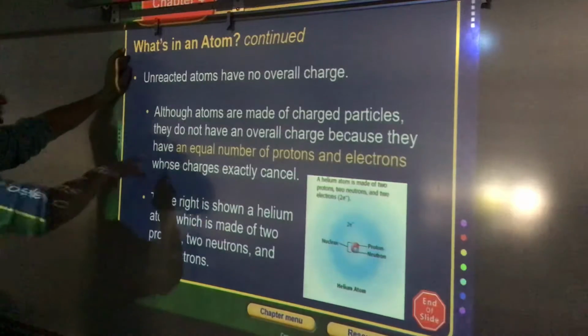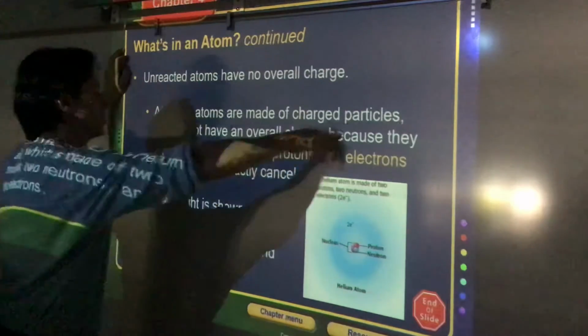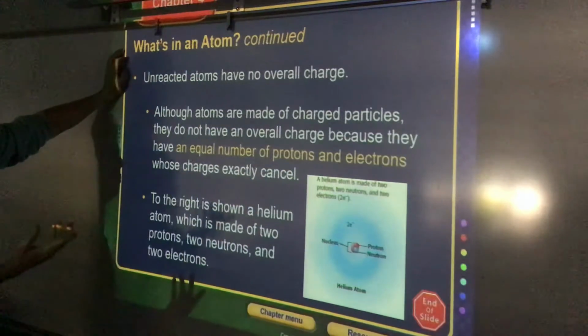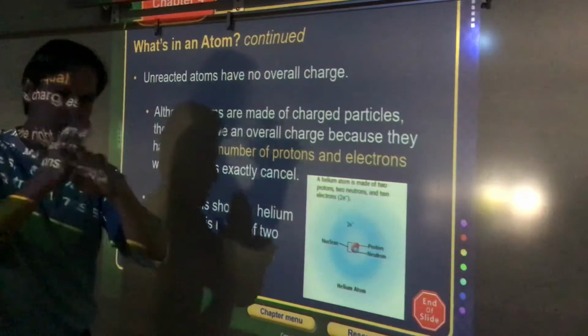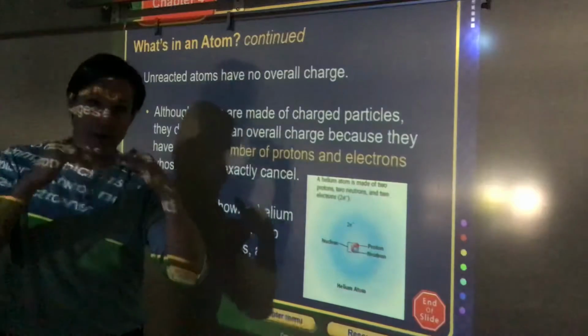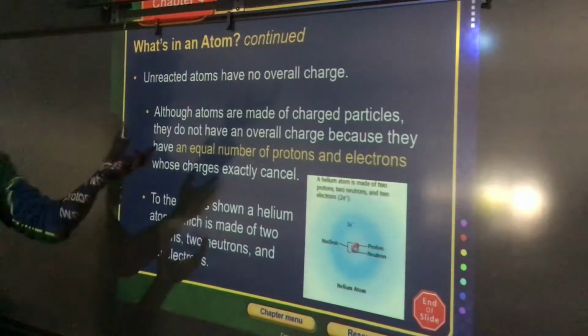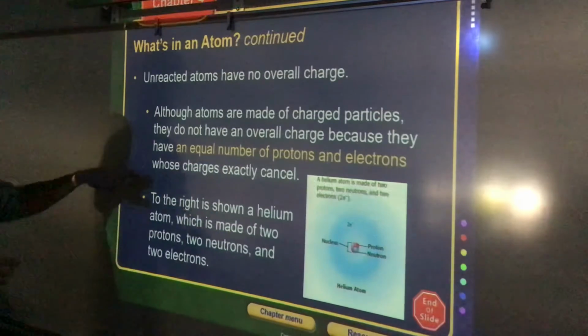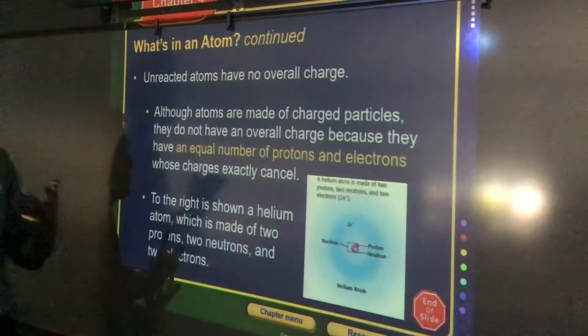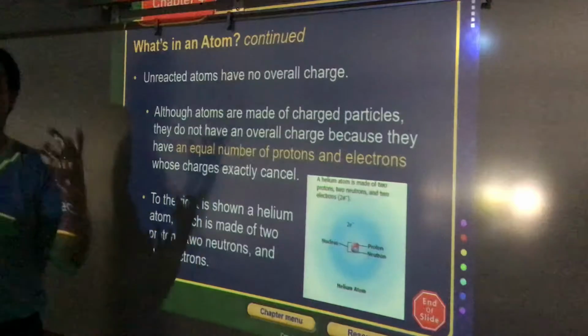You have an equal number of protons, which are pluses, and an equal number of electrons, which are minuses, so plus and minus checks. And the neutrons don't carry any charge, so you have a zero. They cancel each other out, and there's not an overall charge of an atom.